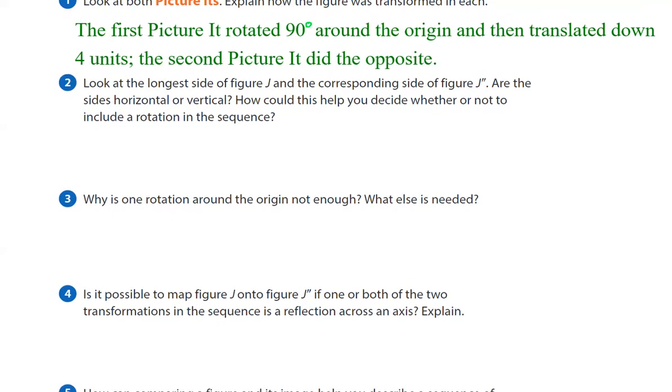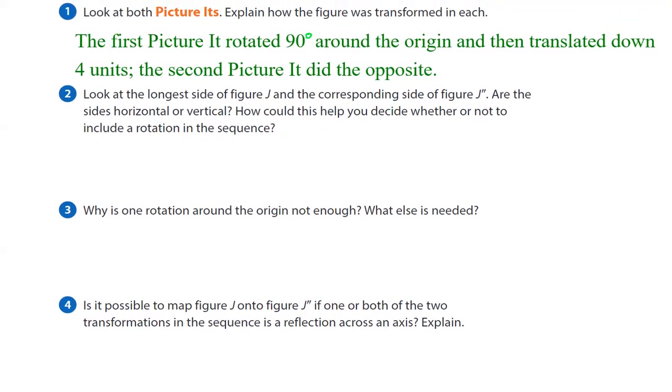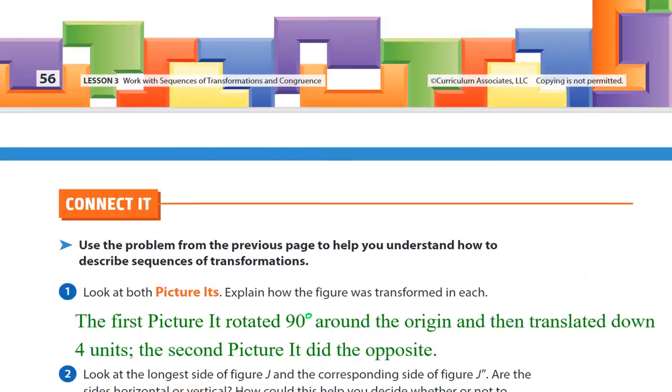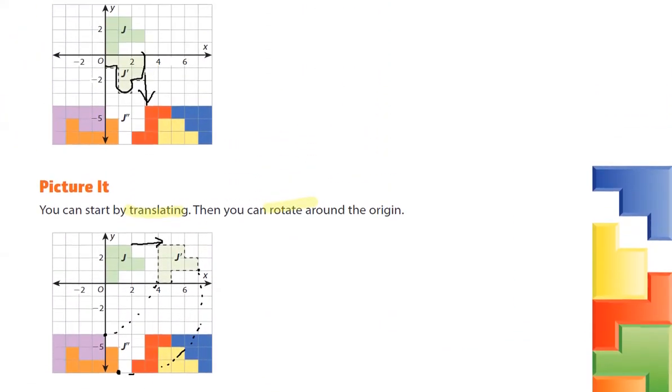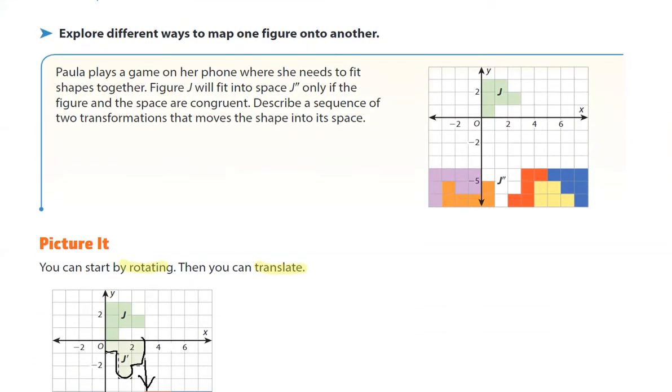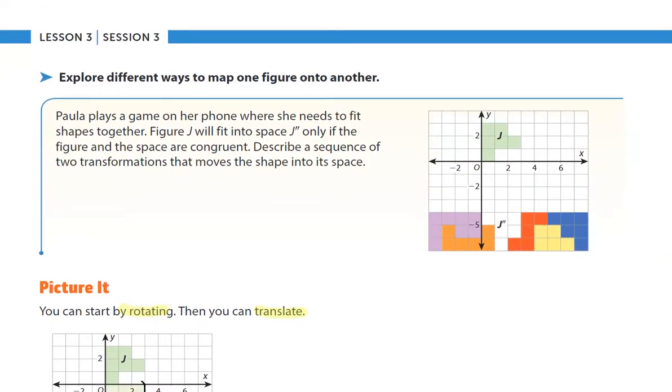Number 2, look at the longest side of figure J and the corresponding side on figure J prime 2. Are the sides horizontal or vertical? How could this help you decide whether or not to use a rotation in the sequence? Okay, let's look at the longest side. J prime 2. Let's look at it up here. This is a good place to look at it.